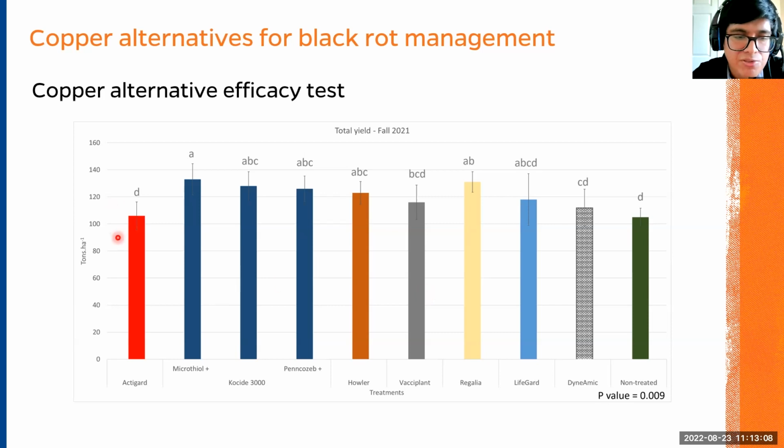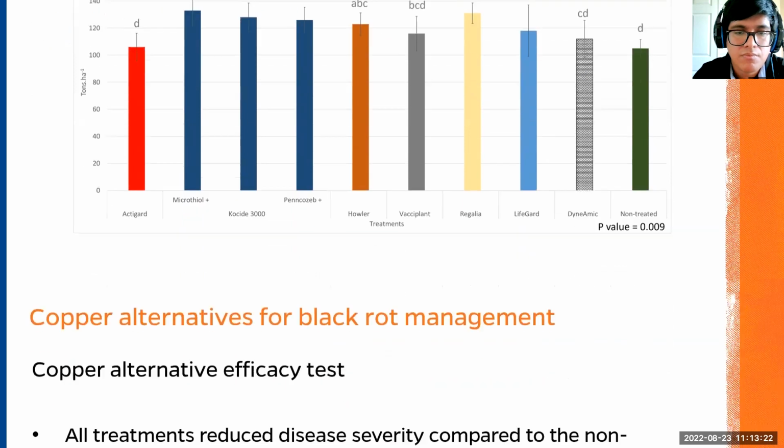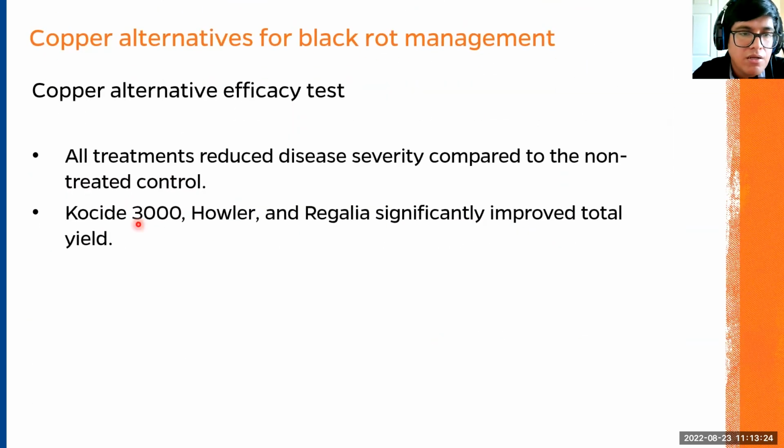And it was very interesting to find that the product Actigard, even though it has the lowest disease severity among our treatments, it didn't actually improve the yield of the cabbage. So just to remember, in this case, all the treatments reduced disease severity compared to the not-treated control, but the yield was only improved when we use COSI, Howler, and Regalia.